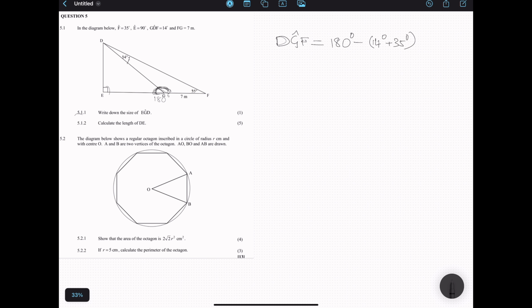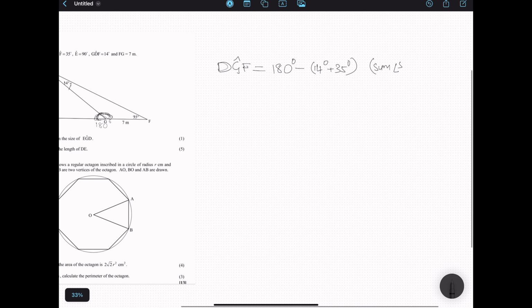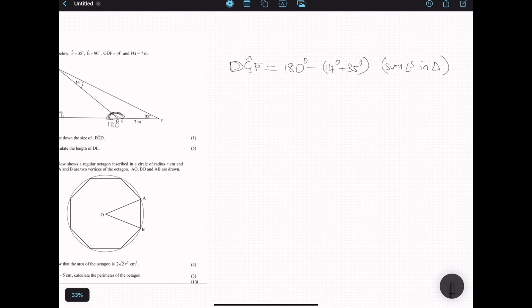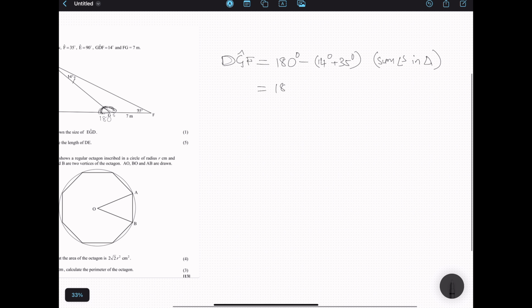The reason is the sum of angles in a triangle. Then when you subtract, it's 180 minus 49 degrees, which is 131 degrees. Therefore DGF is equal to that.